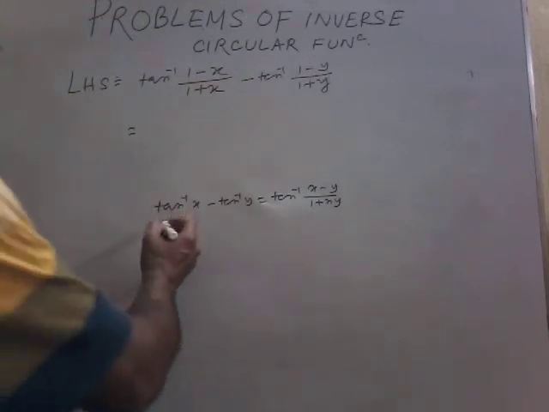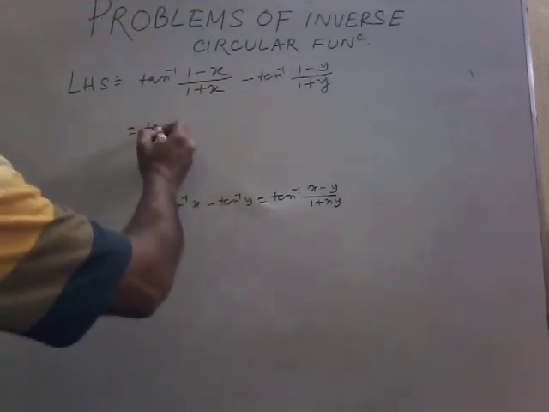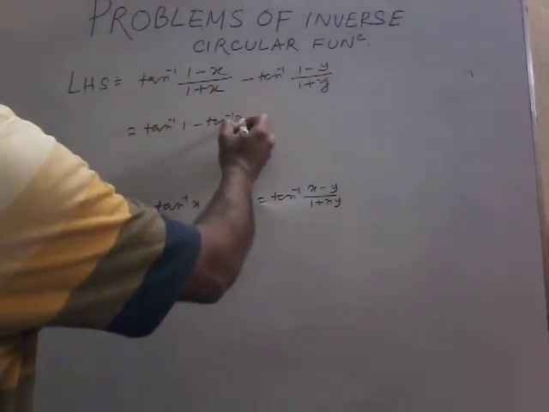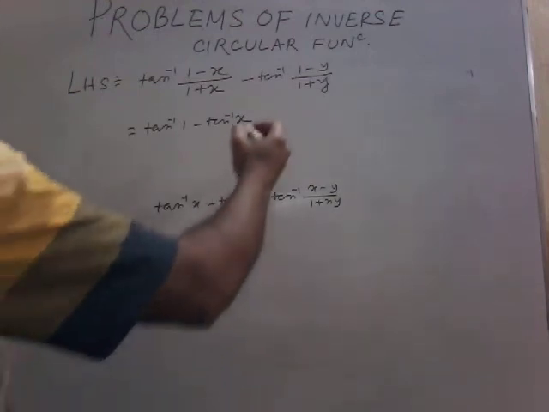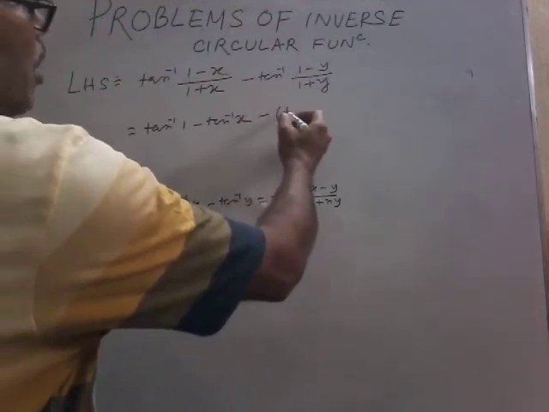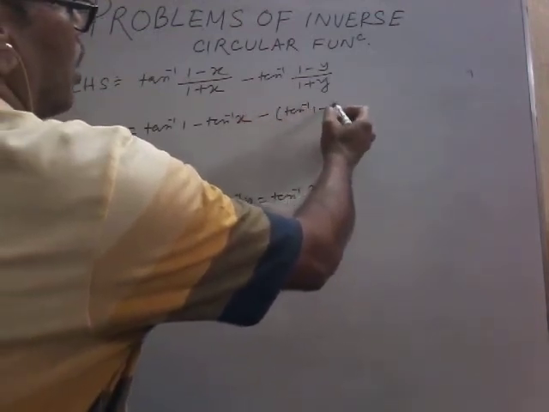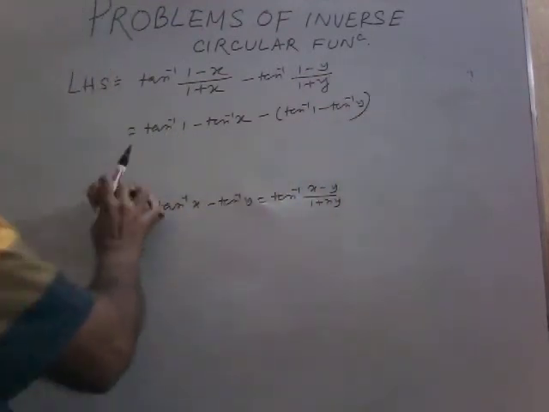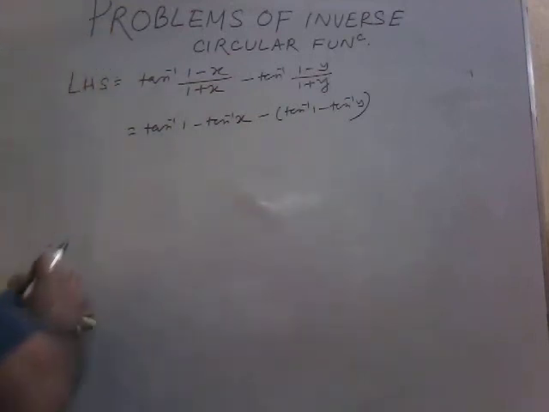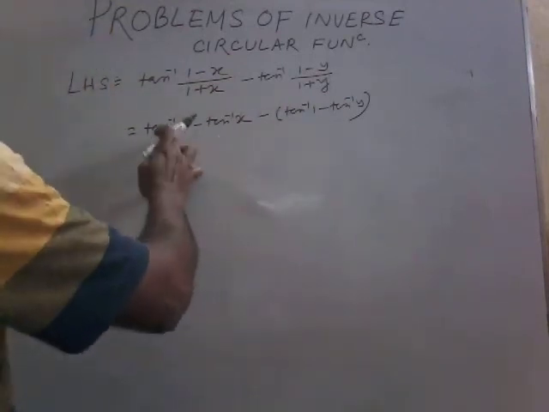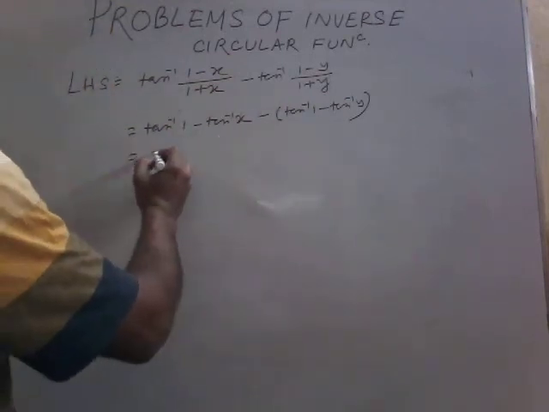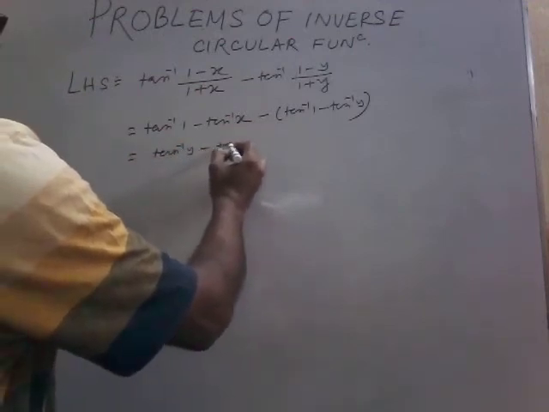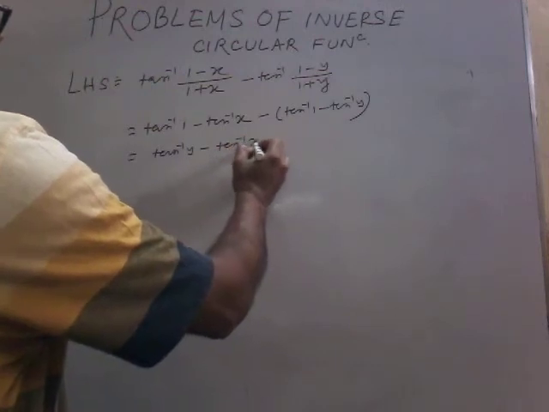So using this formula, you can write LHS as tan inverse 1 minus tan inverse x. Similarly, for the second one, tan inverse 1 minus tan inverse y. Look, this is our main aim. Tan inverse cancels. So tan inverse y minus tan inverse x.